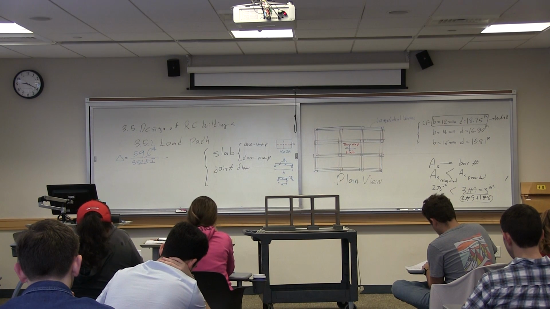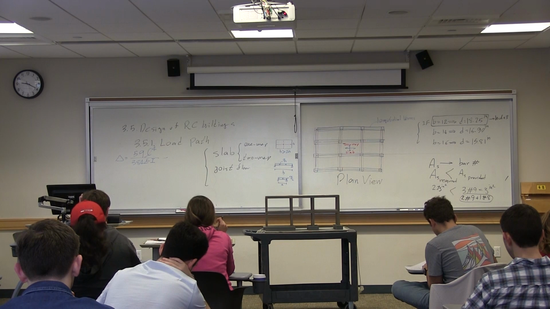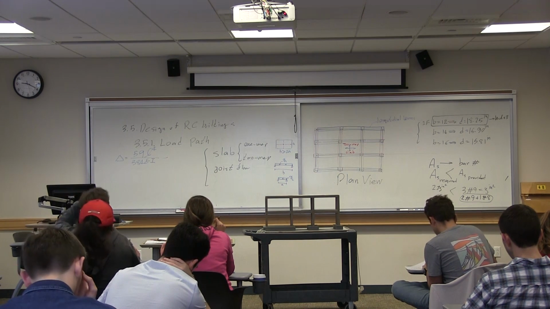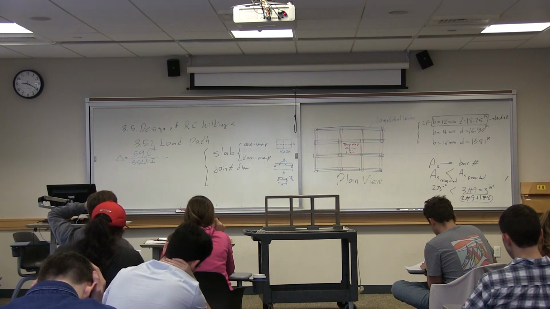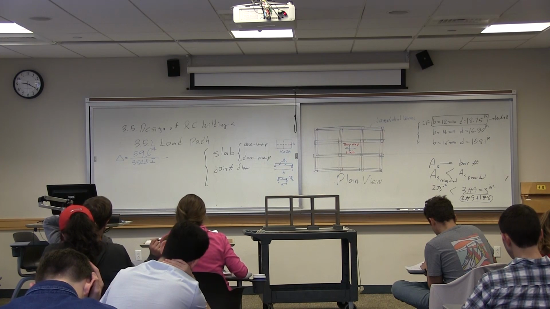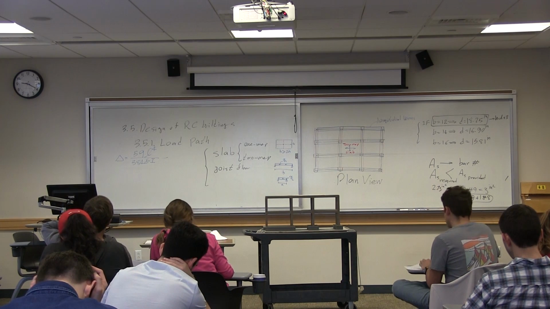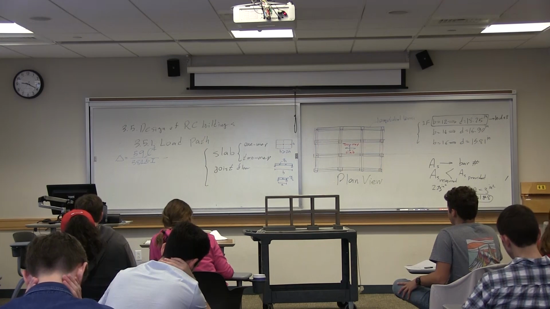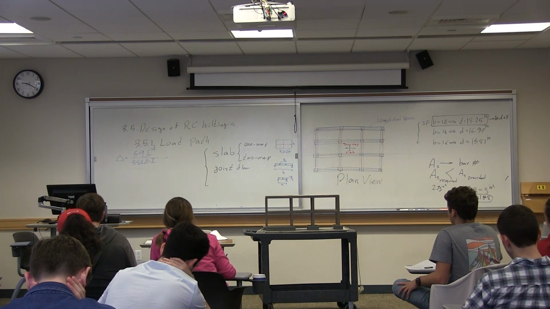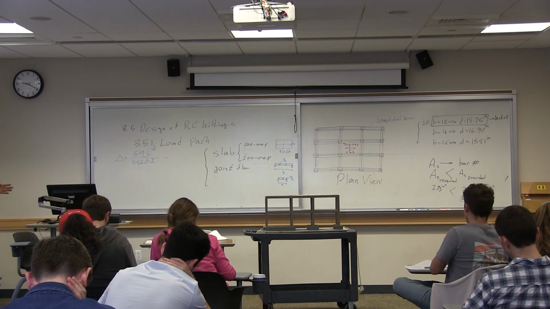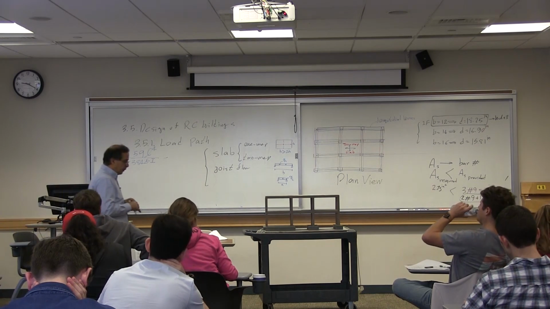The deflection of a simply supported beam is 5QL to the power of 4 divided by 384 EI. Q is the load, L is the span, E is the modulus of elasticity of the material, and I is the moment of inertia.